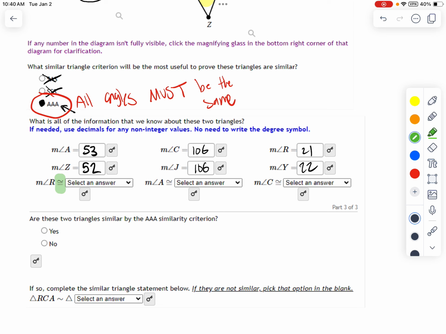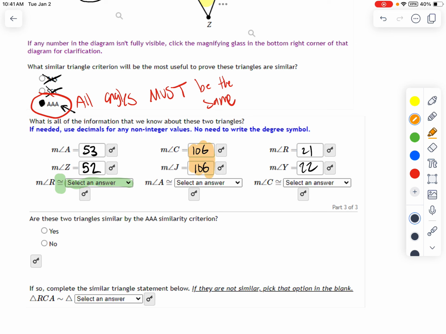That just means congruent. So in other words, is it the same? In this case, 52 and 53, are they the same? No. So whenever that drop down is, you'd pick whichever option says they're not congruent, not the same, not equal, or not similar, whatever you want to use.